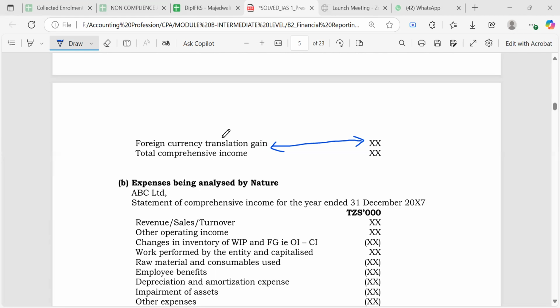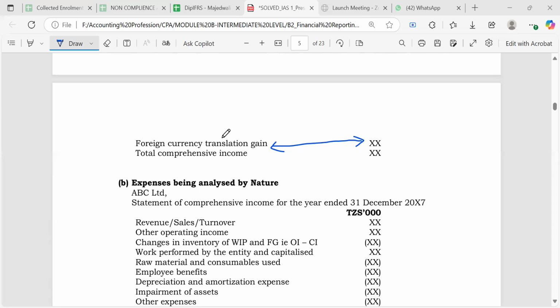But presume you are doing the consolidation, like I told you, that maybe you have two companies, one in Angola and the other, let's say, in the UK. Angola has its currency, UK has their currency. When you combine them into a single entity, you have to add the figures. You can't add the figures in Angola currency and UK currency, so you have to convert one currency to the other.